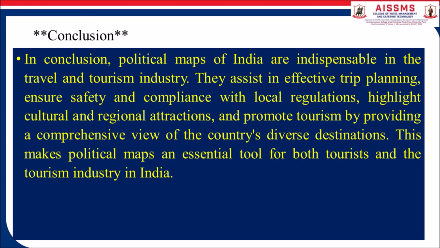They help in highlighting cultural and regional destinations and attractions, and promoting the tour by providing a comprehensive view of the country's diverse destinations. This makes political maps an essential tool for both tourists and the tourism industry in India.